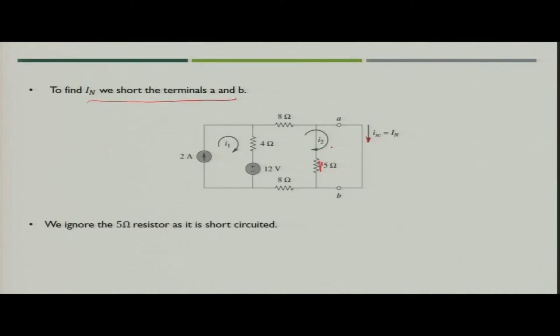So, in that way we will be left with only 2 meshes which would be connected. So, let us say this is the mesh current as I1 and this is mesh current as I2, which is flowing through 4 ohm, 8 ohm and then this through short circuit wire, then again 8 ohm and 12 volt source. So, now you have 2 meshes in the circuit.